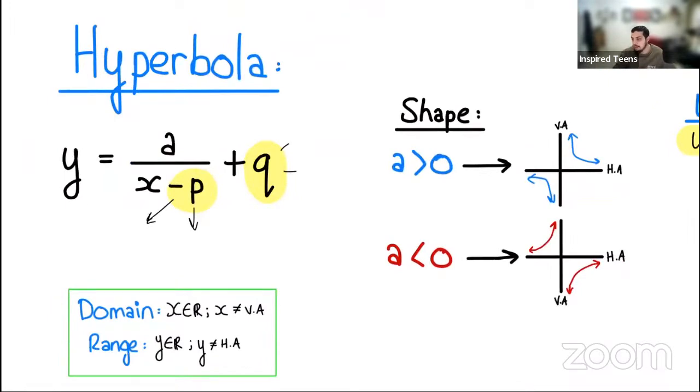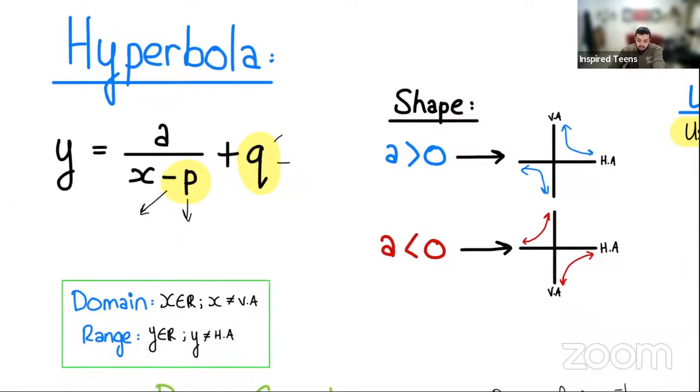So hyperbola, okay. In the general form, y is equal to a over x minus p, plus q. So why do we have arrows by p and q? That's a good question. So p is what we call a vertical asymptote, or the x asymptote.